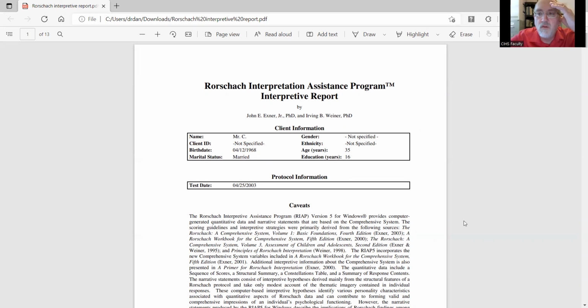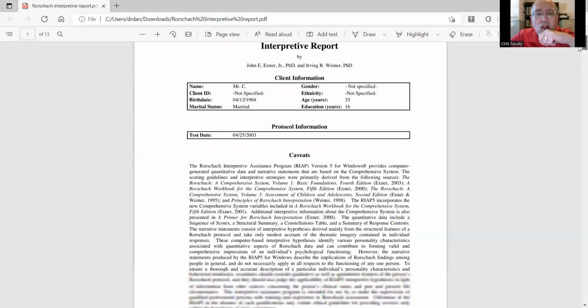Okay, so in the interpretive, I want to show you where some of the things you're seeing in the Exner system in the book, how you can follow along with what the system ends up being. So let's move down here.